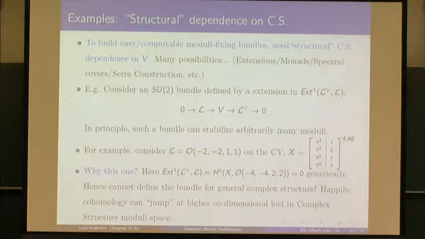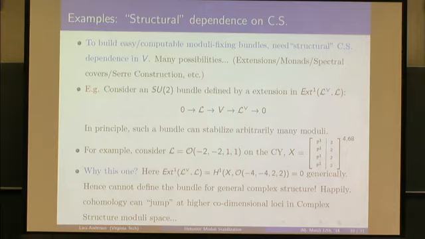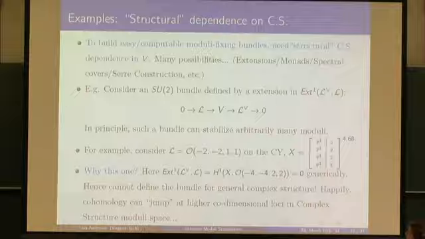Now, if you're a mathematician, depending on your favorite way of building bundles, and there's a whole bunch of them, for any of these, you can see that all of them manifestly have some dependence on complex structure. So the trick is, pick your favorite simple way of building bundles, understand just from the start how building those depends on complex structure, and then compare that to this Atiyah deformation story that we just saw.